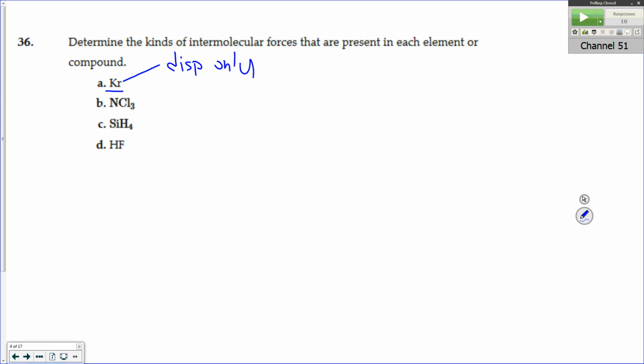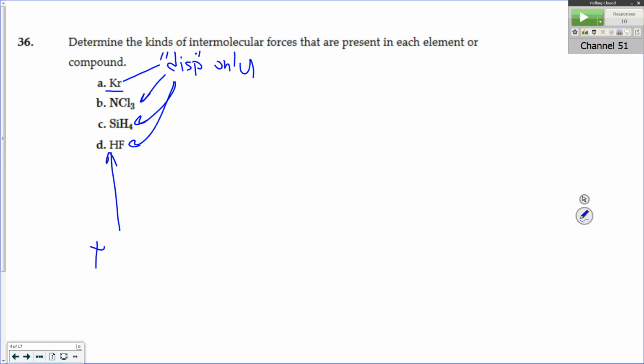Then you've got to start looking at molecule to molecule. What about this guy? Everything has dispersion, so dispersion is true of every one of these. This one is dispersion only, but all these others have dispersion as well. So this one's dispersion plus.